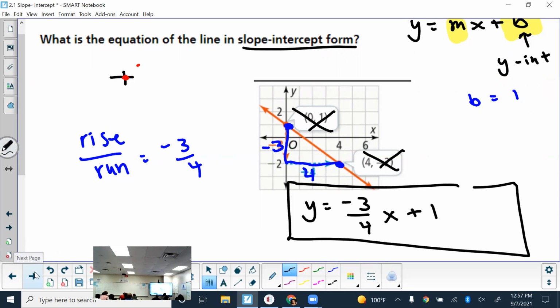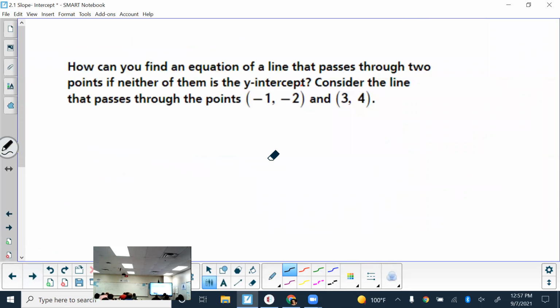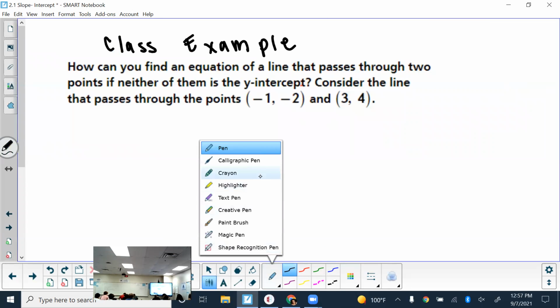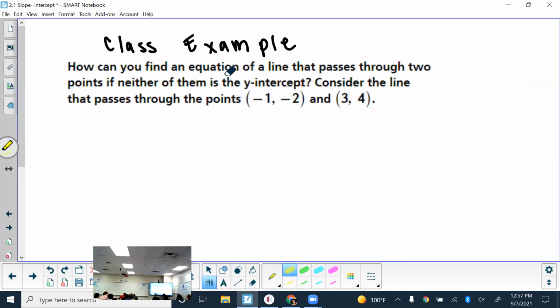The next example, this will go for your class example. Now you don't have to write the entire thing. I'll highlight what you need to write. But we have, how can you find the equation of a line that passes through 2 points if neither one of them is the y-intercept?